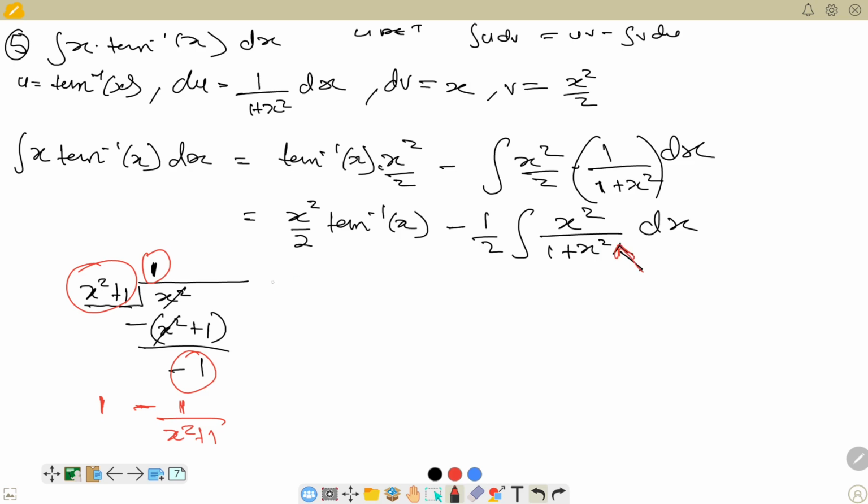So we can go and replace what is there. So we have x squared over 2 arctan x minus 1 over 2 here.